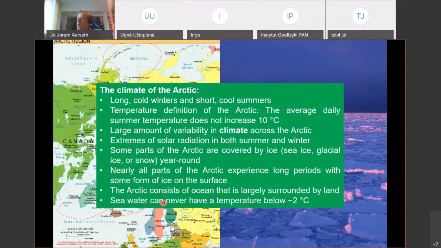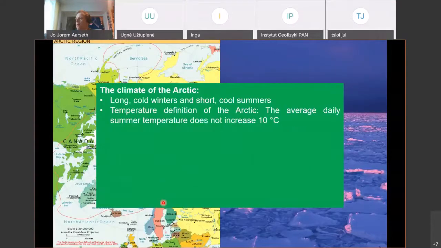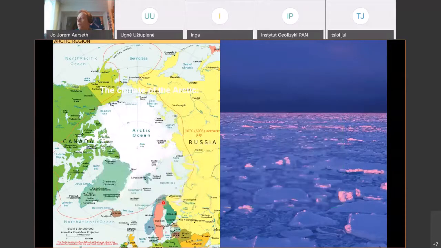If we look at the slide, on the right side you have a picture from the West Ice in this area, where the fresh water in the sea freezes out and makes ice. This ice is floating on the sea, and you have approximately a depth of 2,000 meters under here.